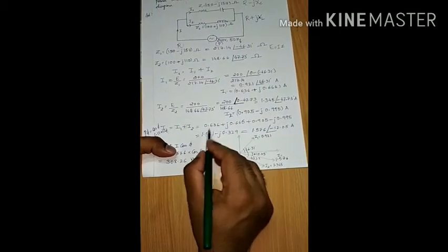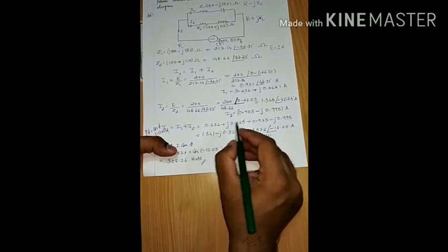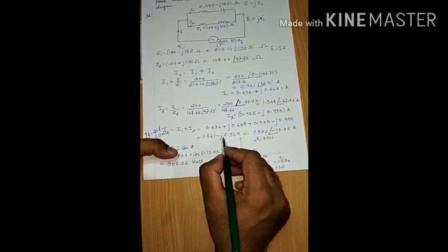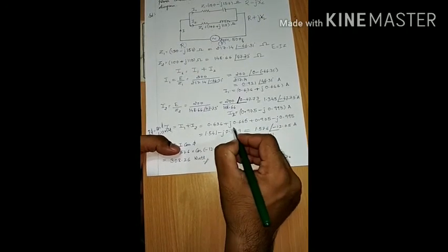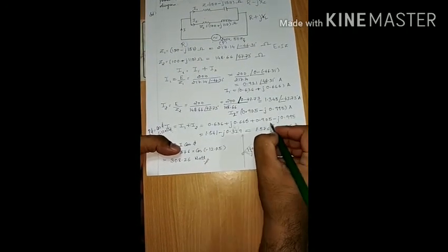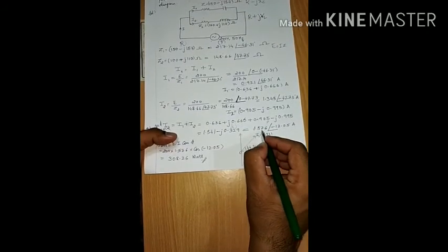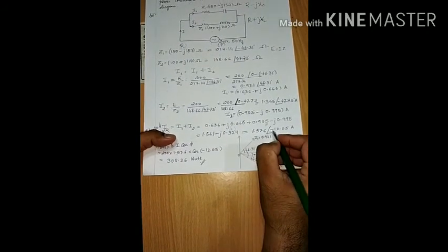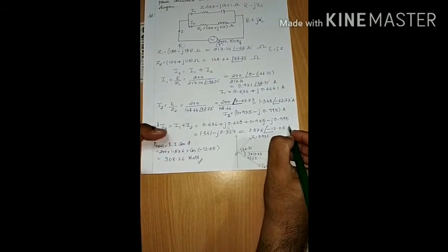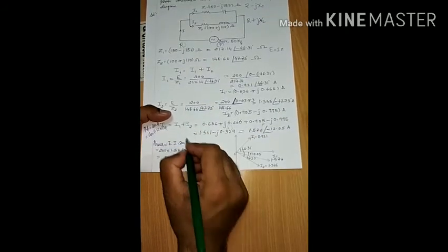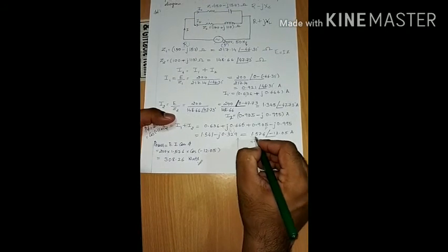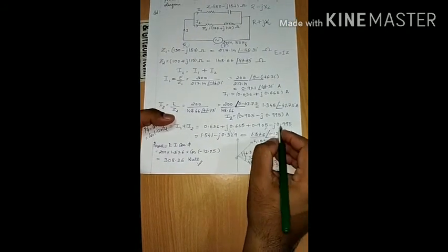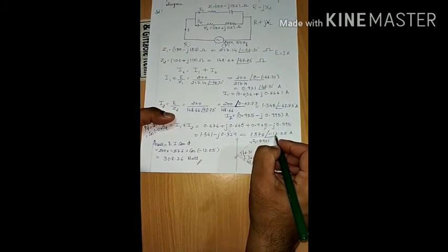Adding the real terms, you get 1.541, and adding the imaginary terms, you get minus 0.329. Again you convert this rectangular form back to polar, which is 1.576 at an angle of minus 12.05 ampere. So the total current is I equal to 1.576 ampere, and the angle phi is minus 12.05.